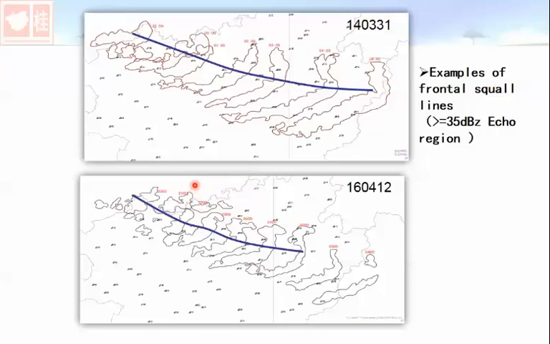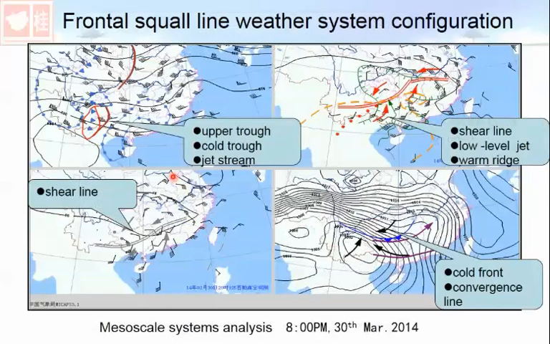According to the arrival time of cold air, we can forecast the arrival time of the squall line and then forecast the severe weather such as strong wind, thunderstorm, and heavy precipitation.